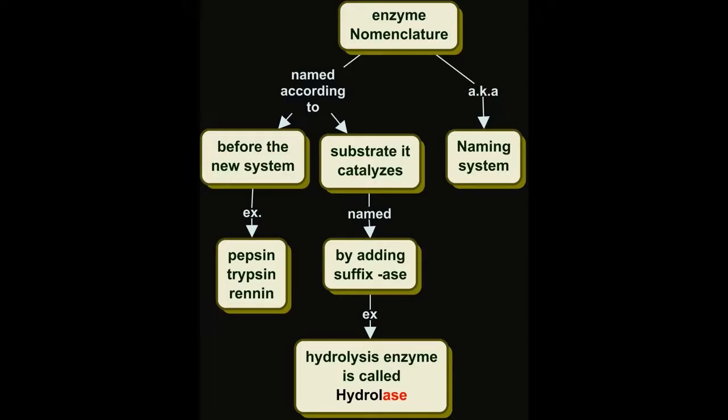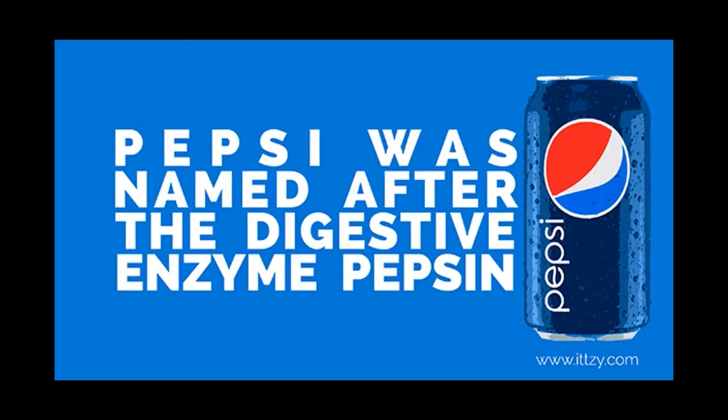The first ends with -in, such as renin, trypsin, and pepsin. Pepsi-Cola, the competitor of Coca-Cola, was named after the digestive enzyme pepsin, because it was believed before that Pepsi is a health drink that aids in digestion.